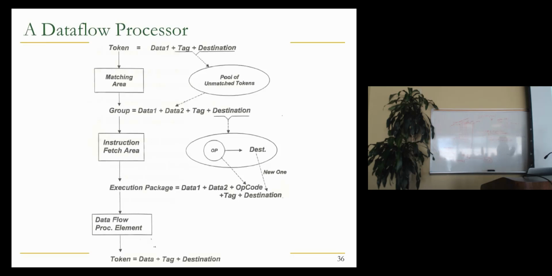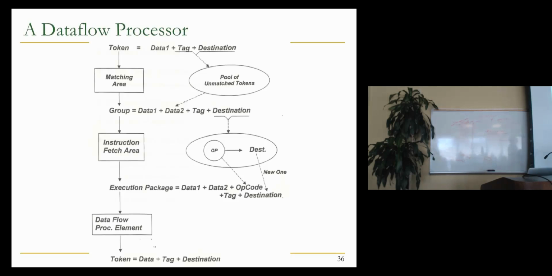Basically, it's looking for whether there exists another token that's going to the same destination instruction, with the same tag. If they match, if the instruction is actually waiting for two tokens, two source operands, now the instruction can become ready. If there's no matching token and if the destination actually needs two operands, then it stays in the pool of unmatched tokens. Let's assume that it matches.